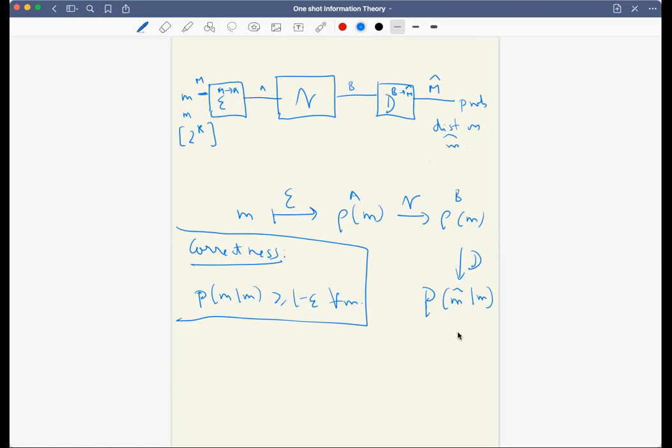Okay, so this is the setup, and the channel N is given to me. The channel N is a box, your instrument, it's your optical fiber or something like that. So the channel has its characteristics. The question is, what is the best encoder and decoder I can construct for this channel, such that my error tolerance is epsilon.